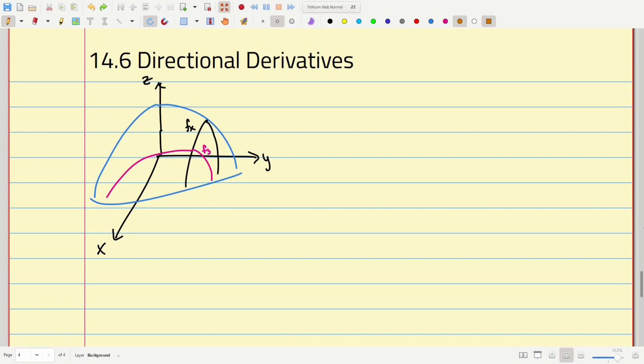But what did we find out about limits when we talked about limits with regard to multivariate functions? When we're dealing with limits, we can travel in many different directions as opposed to just a couple of them, right?